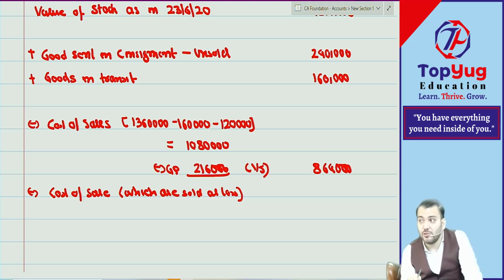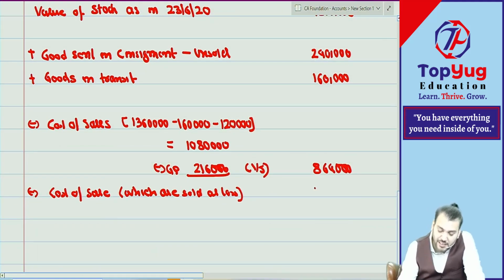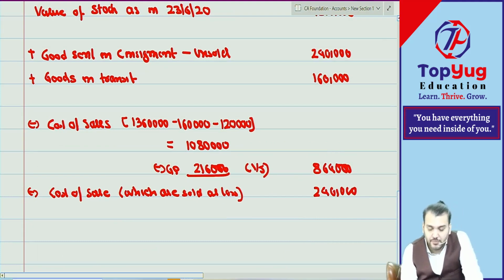That is given, only 2 lakh 40,000 is the cost, which was sold at loss. You can see 2 lakh 40,000 has been sold at rupees 1 lakh 20,000. What is the cost of this? It is 2 lakh 40,000 only. That will also be deducted. 2 lakh 40,000 will also be deducted now. This point, have you understood?